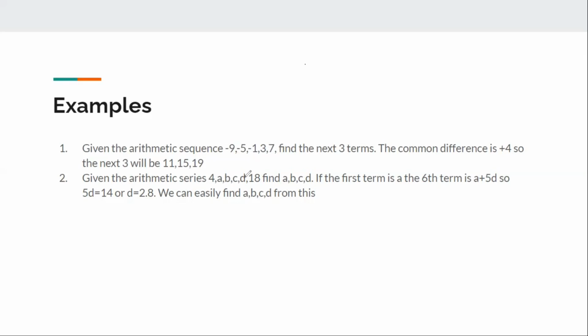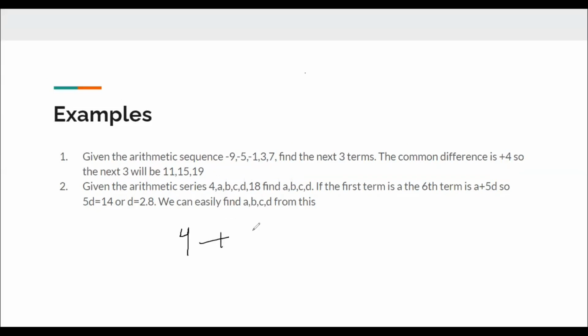So in this case, we have 4 plus 5d, since the first term is 4, is equal to 18. So now you can find out d. d is going to be 2.8. And now you can easily find out a, b, c, d. It's just going to be 4 plus 2.8, which is 6.8, plus 2.8, which is 9.6, and then 12.4, and then you can just go on from there. Sorry, I meant 8.6.